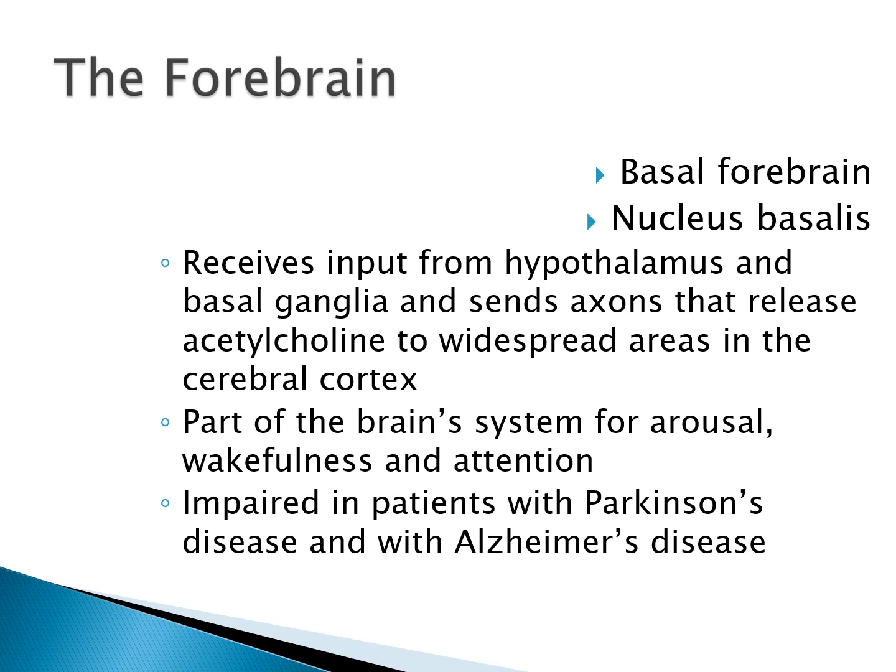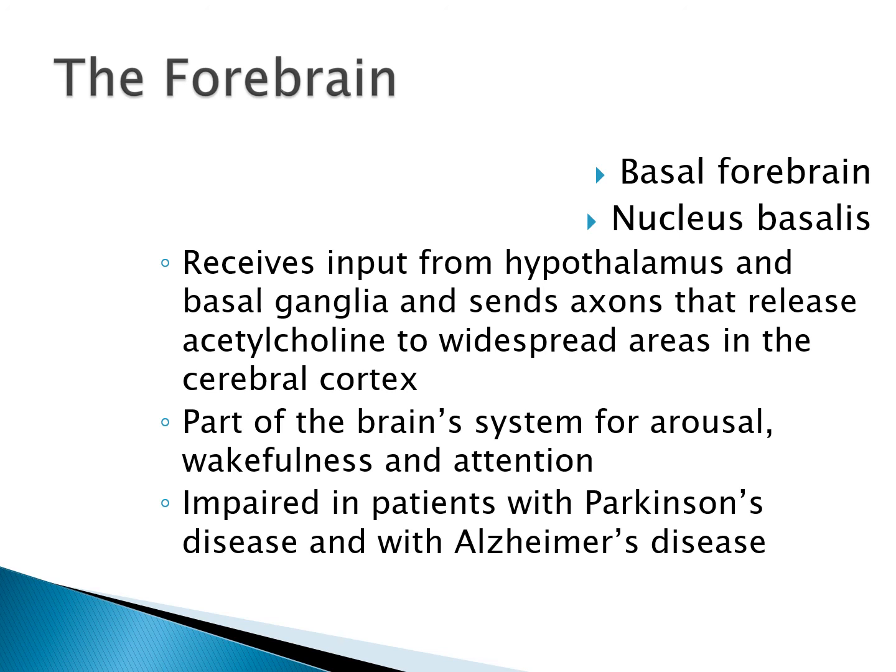Okay, for the basal forebrain, I'm really only going to talk about the nucleus basalis right now. It is this group of nuclei that are cholinergic neurons, so they are producing acetylcholine, receives input from the hypothalamus and the basal ganglia, and then it's communicating on to widespread areas of the cerebral cortex. If you remember, acetylcholine is usually excitatory, and it has influence on our attentional system.